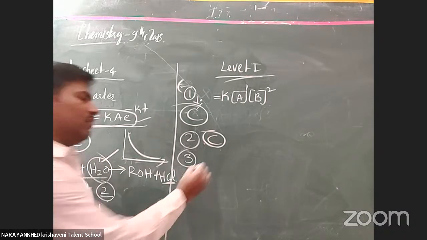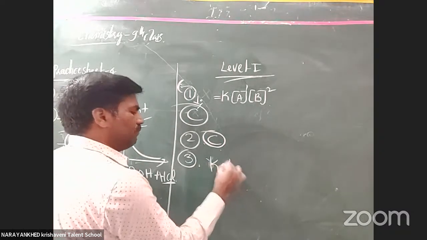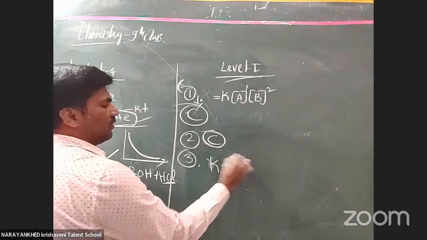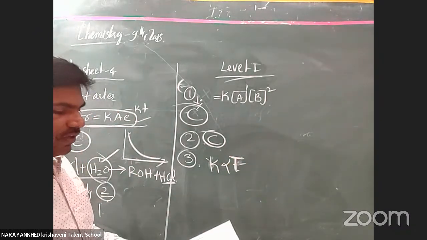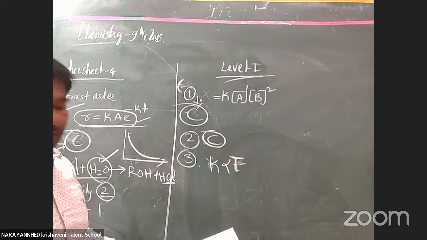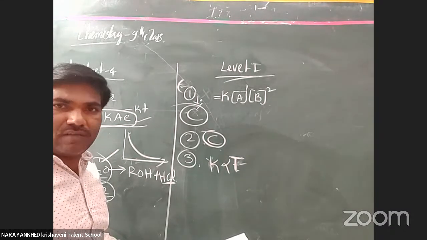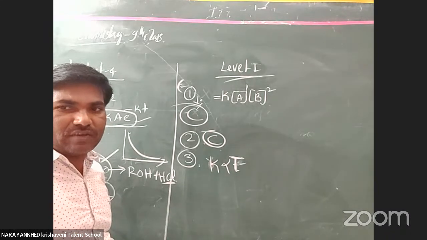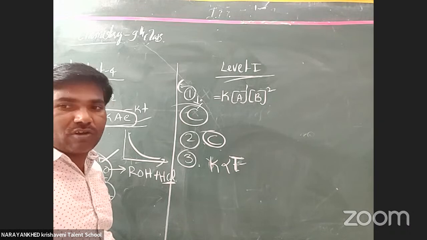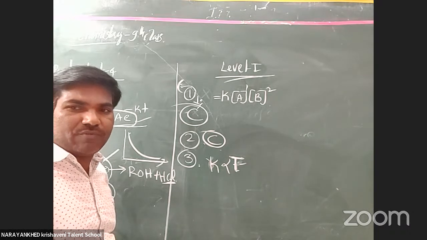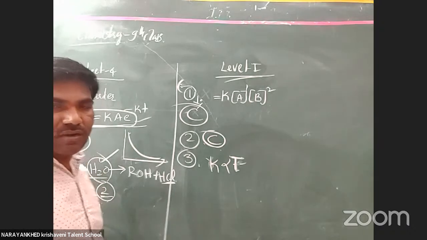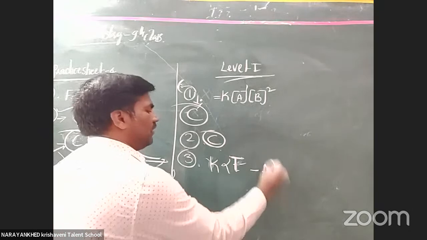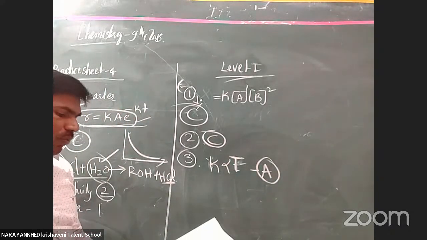The rate constant is not depending on the concentration of reactant or product, or time. Clear or not? Rate constant, not rate. Rate is totally different from the rate constant. We already discussed this. The third answer is A.